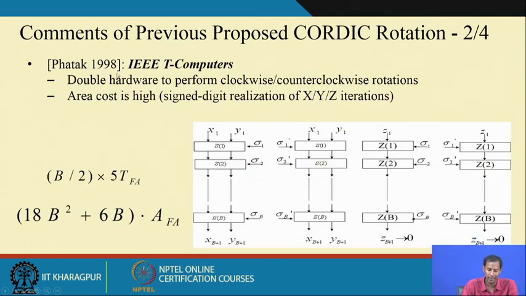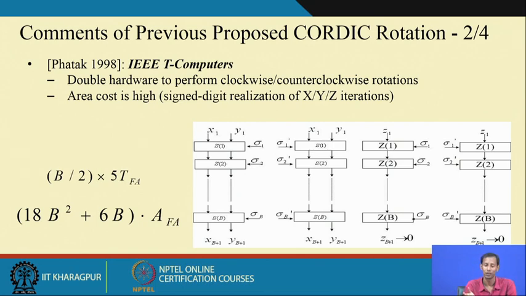In 1998 another architecture was proposed, which is based on double hardware to perform clockwise and counterclockwise rotation. That means, in the positive domain we run it as counterclockwise, and whenever we come down to the negative, we run it as clockwise.